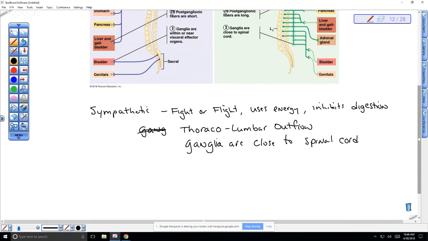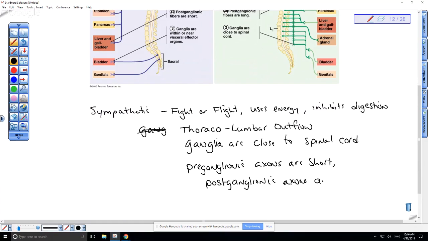So what this means is preganglionic axons are short and postganglionic axons are long. Okay.